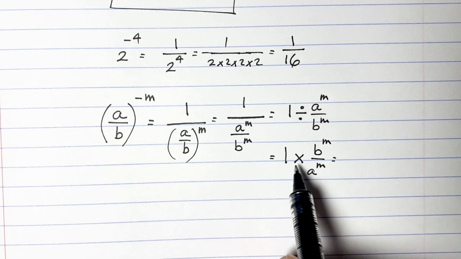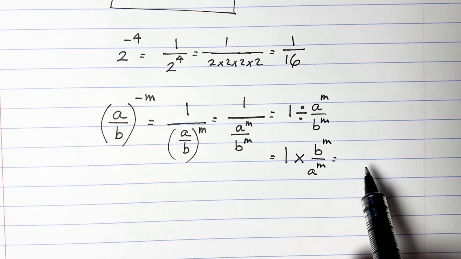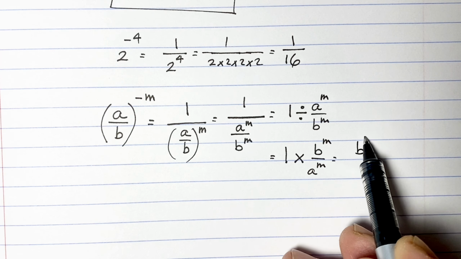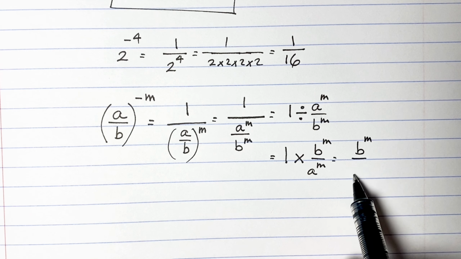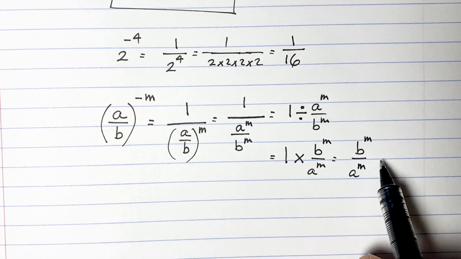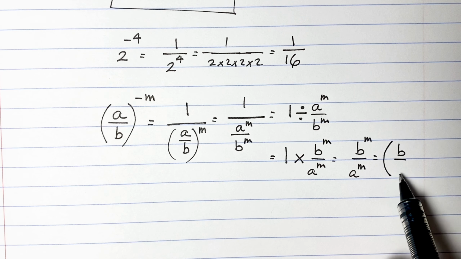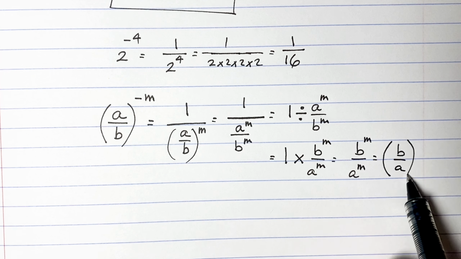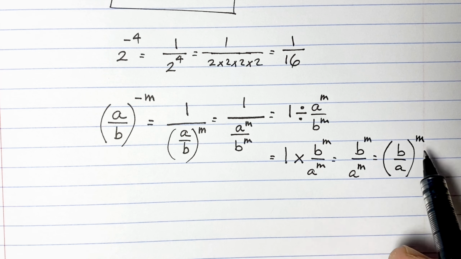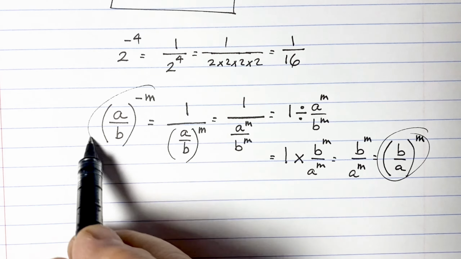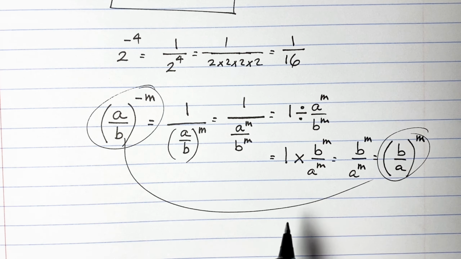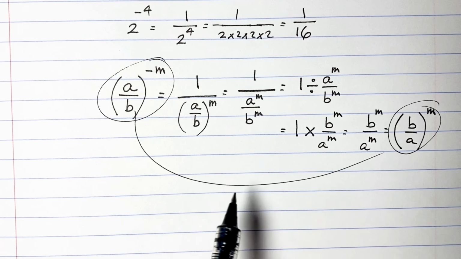And one lots of b to the power of m over a to the power of m stays at b to the power of m, a to the power of m. Now put it back again as inside a fraction. So the result is this. You don't need to go through that.